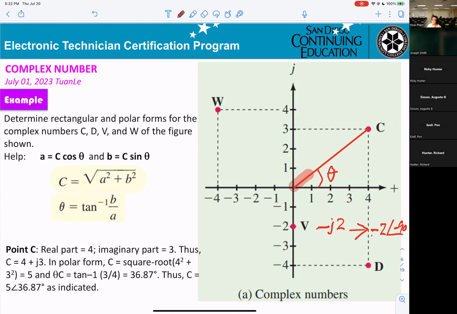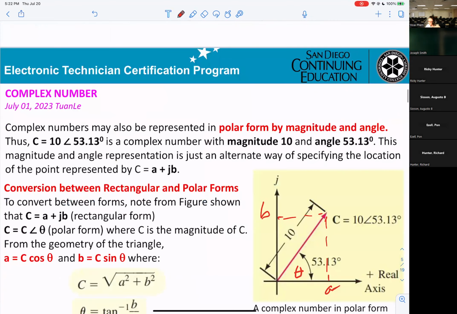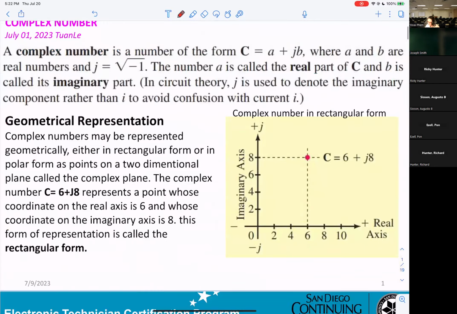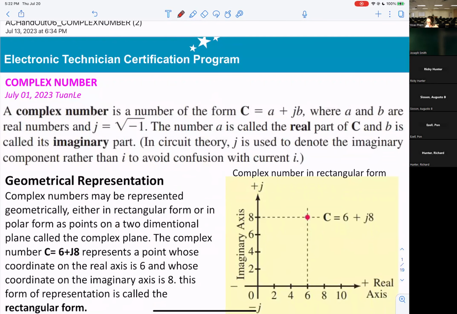Okay. Now, do you understand the complex number? It is a number of the form C equals A plus J B, where A and B are real numbers and J equals square root of -1.